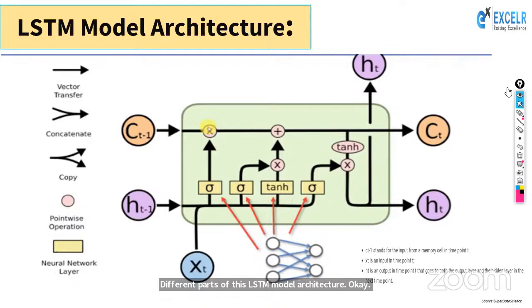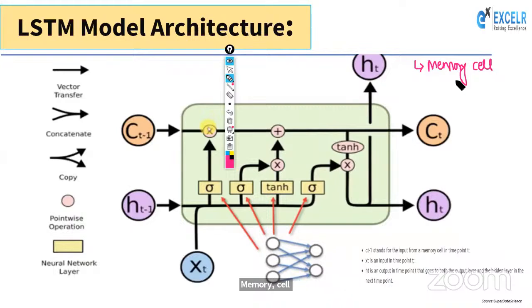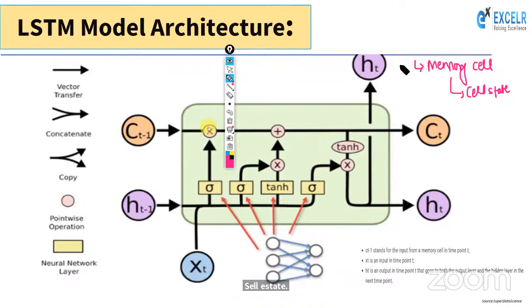Now, guys, before starting with different parts, let me tell you the names of the different sections this LSTM architecture has. In the LSTM architecture, we have something called a memory cell, and with respect to this memory cell, we have one more thing, which we call the cell state. This is the first thing.